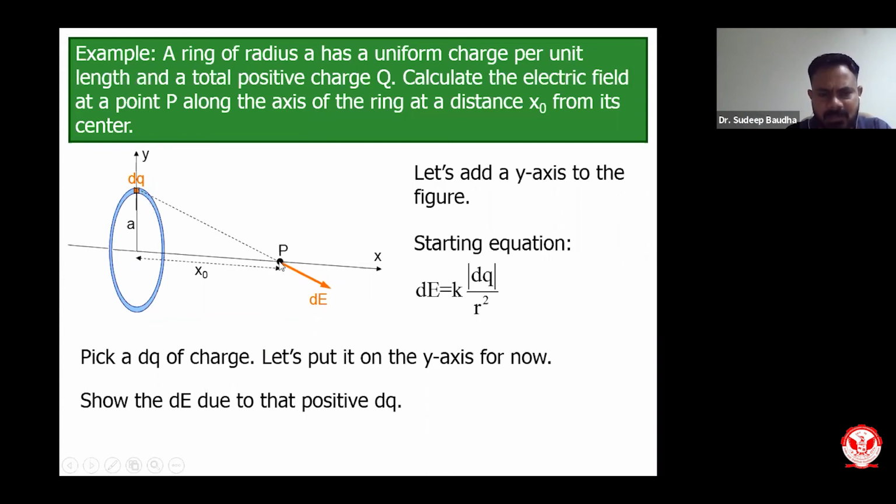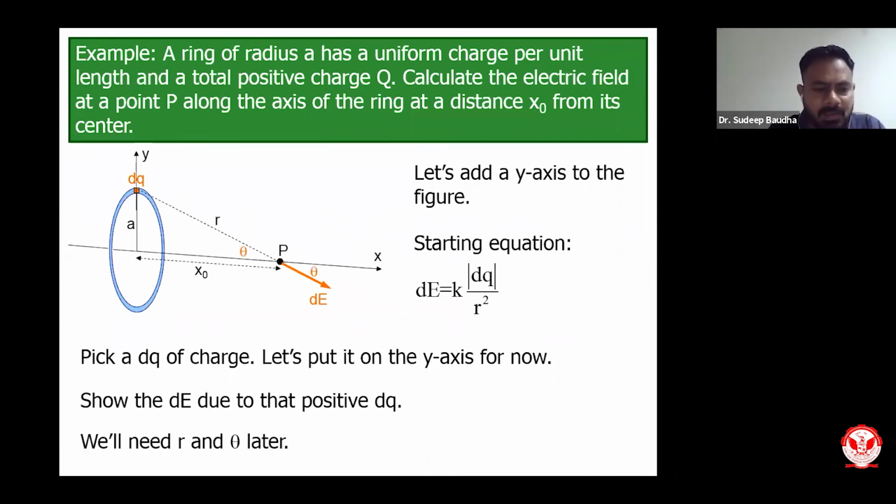P is the point where we need to find out electric field. dE is the small amount of electric field which will be due to this dQ, and the direction of this electric field will be away from dQ because this is positive charge, as I have mentioned in the example. So this is positively charged, that's why direction is over here. If it is negative, then this will be towards dQ. That is what we have seen in our first example.